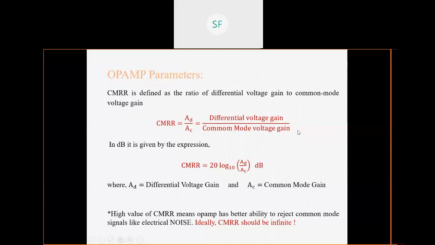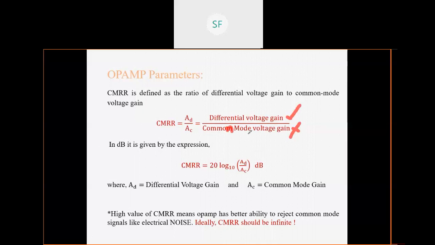Now I will be focusing on this formula. Differential voltage is required, but we don't want common mode voltage. So the numerator is required by us and the denominator we don't want. Why don't we want the denominator? Because generally, common mode, sorry, this should be n, spelling mistake there, sorry.